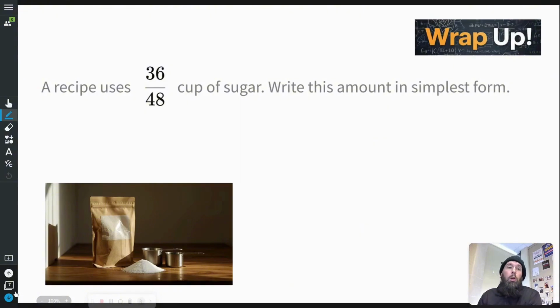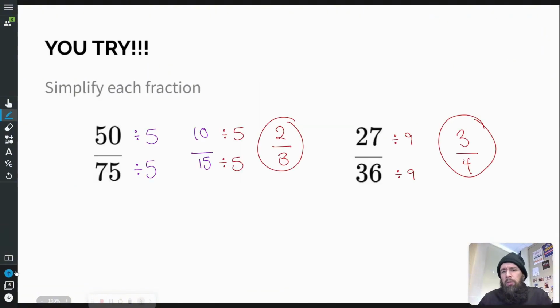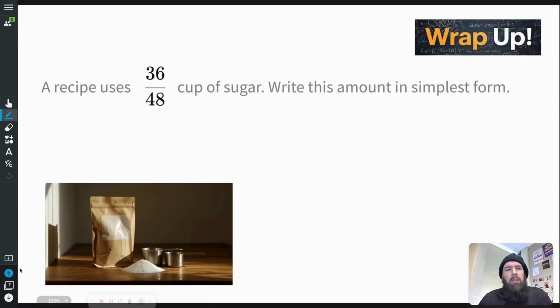So, word problem. A recipe uses 36/48 cups of sugar. No, I thought I just did that, but I didn't. A recipe uses 36/48 cups of sugar. Write this amount in simplest form. All right, well, 36 over 48. Let me think. I can divide those both by 6. 36 divided by 6 is 6. 48 divided by 6 is 8.